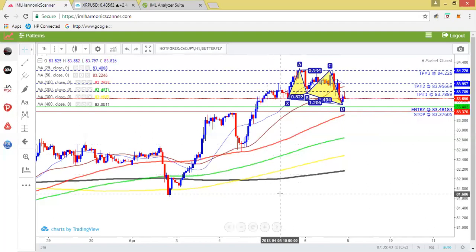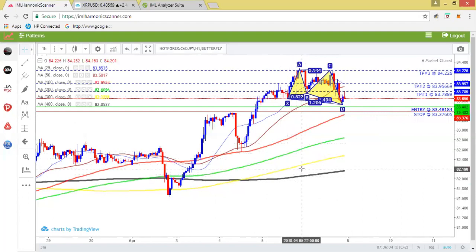Whenever you see these moving averages set according to their numbers, set accordingly, 25, 50, 100, 200, 300, 400. Whenever you see something like this, 200 above 400, 300 above 400, 200 above 300, 100 above 200, 50 above 100, 25 above 50, that shows that you are on a bullish zone, which means you are on a buy zone.